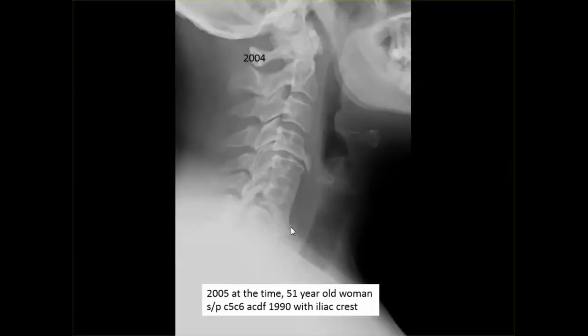Then they come back 15 years later and say, I want to see you again because you took such good care of me last time. Now the same problem came back, and I get an MRI and it shows that now they have two discs. So some people just deteriorate as they get older. The question is whether this is adjacent segment disease from the fusion, or just the natural progression of disease where, as people get older, more discs deteriorate. That's the question, and I don't think anybody knows the answer.